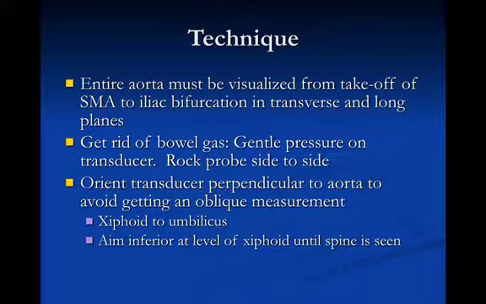You must keep this pressure up during your entire examination or the bowel gas will pop right back into your view. You want to orient your probe perpendicular to the aorta to avoid getting an oblique measurement. And you're going to go from the xiphoid to the umbilicus, and you're going to aim inferior at the level of the xiphoid until the spine is seen.